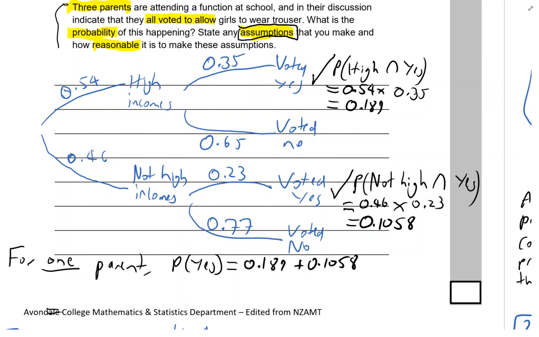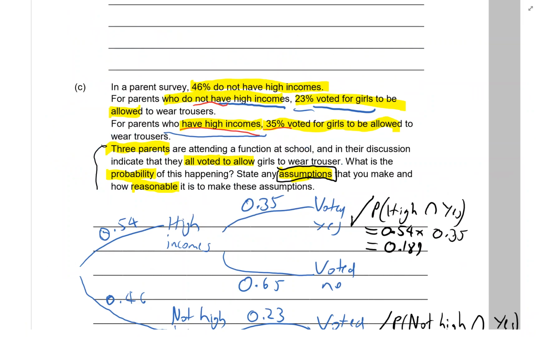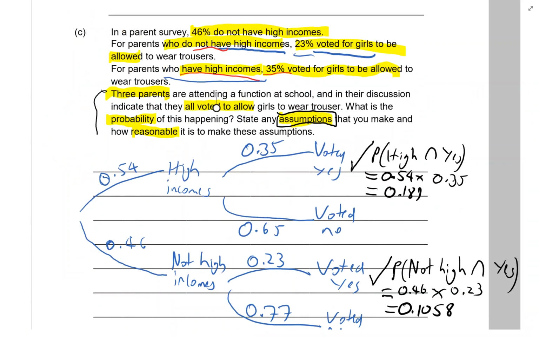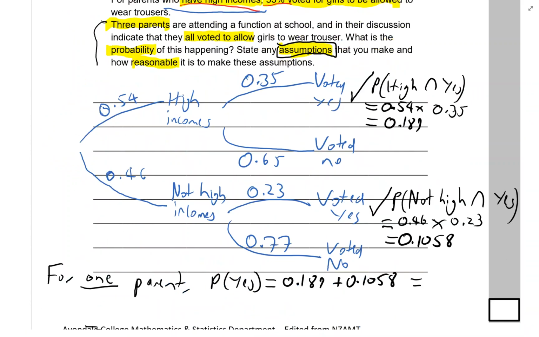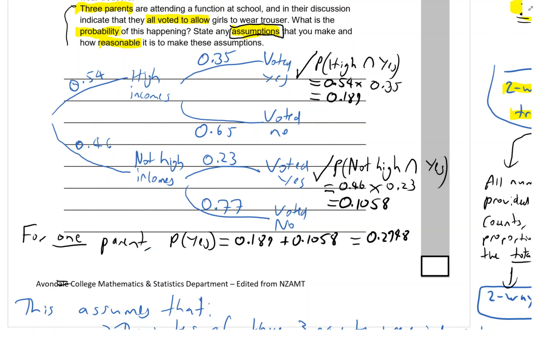And so if you add them on your calculator, what do you get? Here we go. And I got 0.2948. Okay, in other words, 29.48% of parents voted yes to the new trousers.